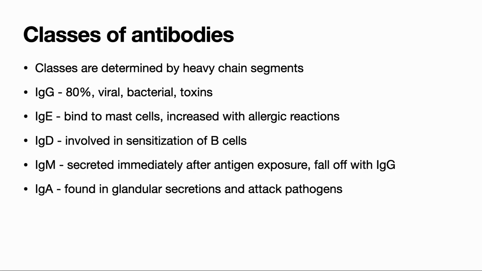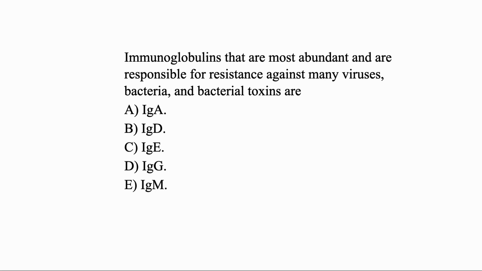Just as a little flashback to in lab when you learned about A and B blood types and how you can't mix them, IgM is the antibody responsible for that agglutination of incompatible blood types. IgA is found in glandular secretions like mucus, tears, saliva, that kind of stuff. And they're really good at attacking pathogens before they ever even get into our tissues, is the idea there.